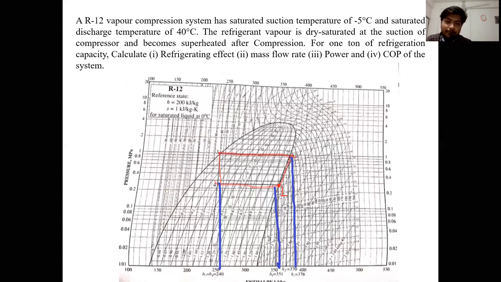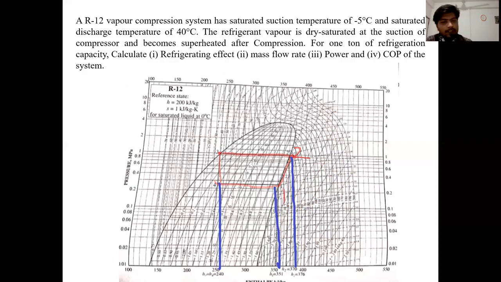Draw a line parallel to the entropy lines. These are all entropy lines. Draw this line parallel to the entropy line from point 1, so we get point number 2.